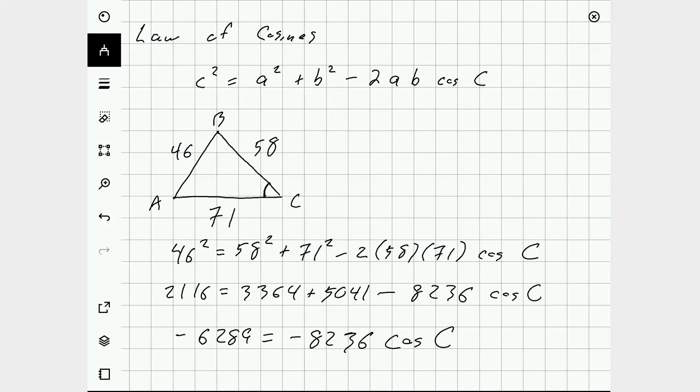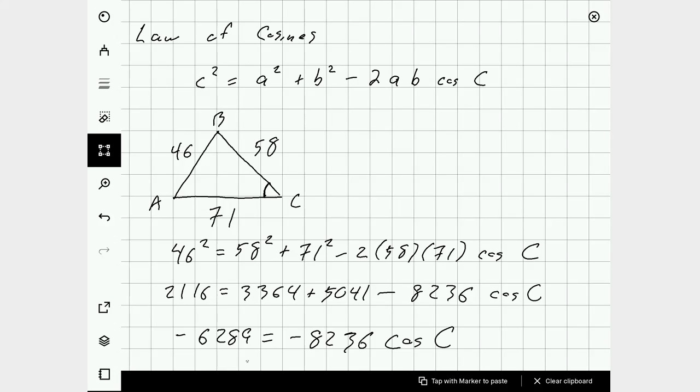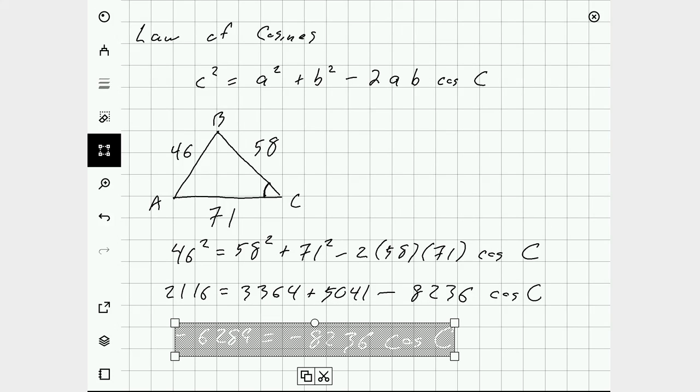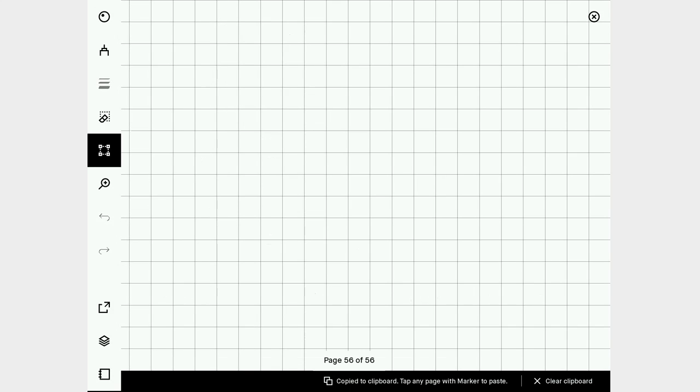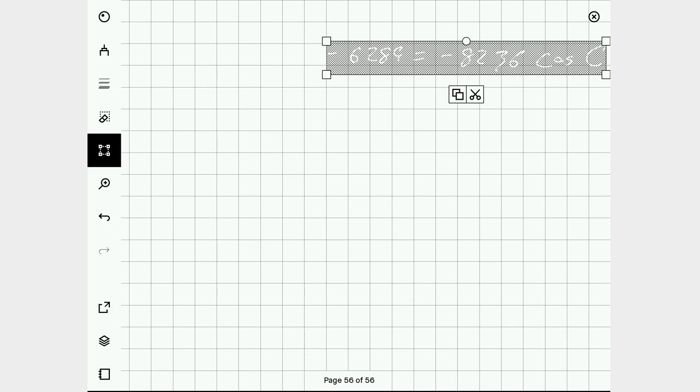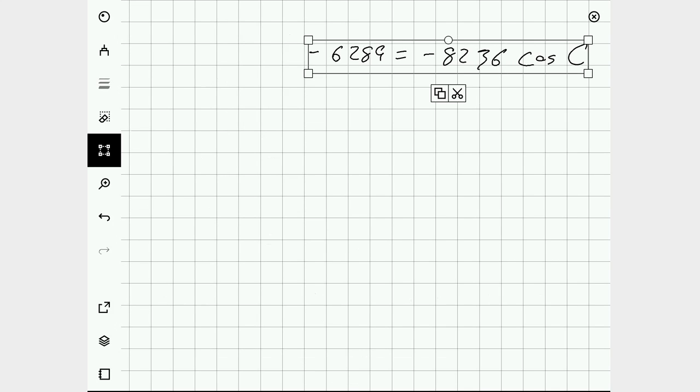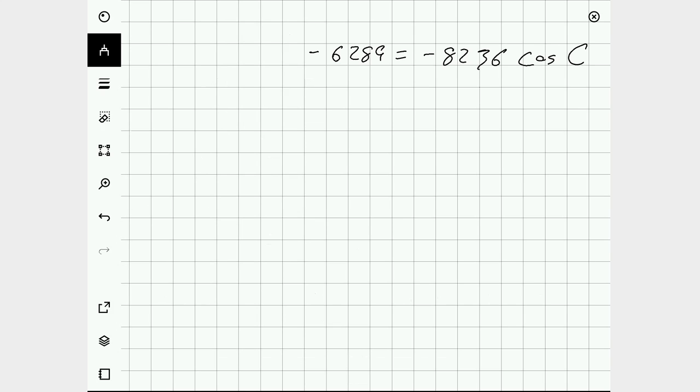And then divide. Let's copy this onto a clean sheet so I have room to work from there. Divide both sides of the equation by negative 8236. So I get this value somewhere in the ballpark of 0.761.